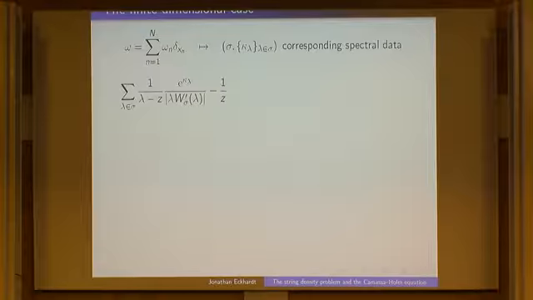It is completely determined by the spectral data, where W sigma is just this entire function, the characteristic function for the spectrum. So it's completely determined by your spectral data.